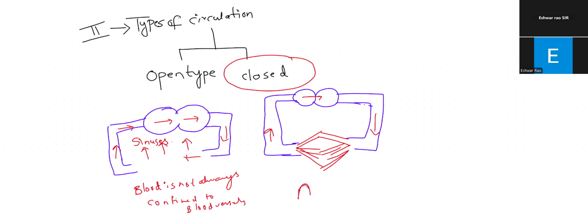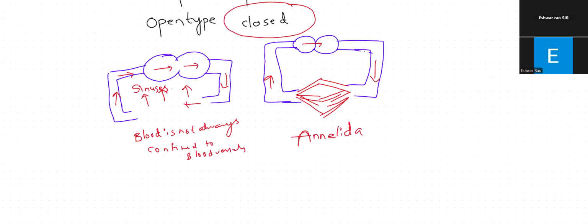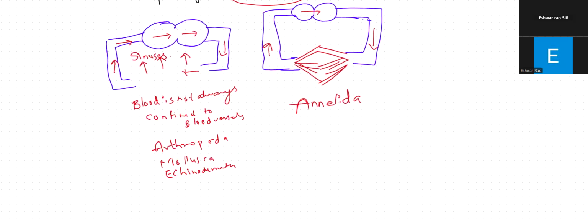Whereas open type of circulation is seen in different phyla: Arthropoda, Mollusca, Echinodermata, and Hemichordata.